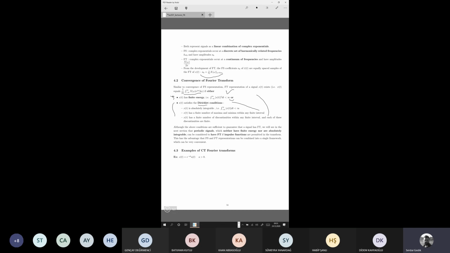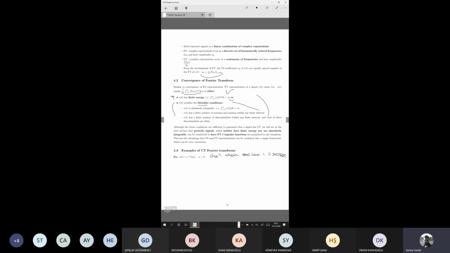Well, let's start with a simple example. x(t) is e to the power minus a t u(t), and a is larger than 0. First check whether condition 1 is satisfied.